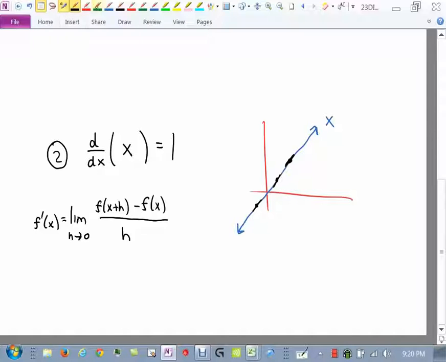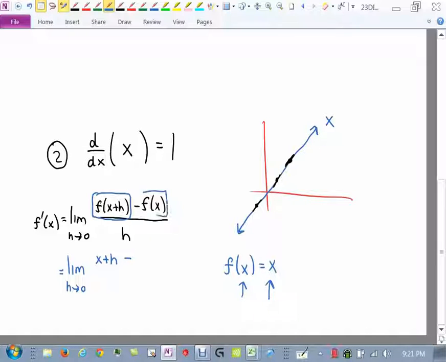So whatever you plug in is what exactly comes out. So this top left corner, when I say what do I get when I plug x plus h in? Well, it should spit out x plus h. So this is the limit as h goes to 0 of x plus h, and then minus, what do I get when I plug in x? Well, it spits out x, and then all over h.